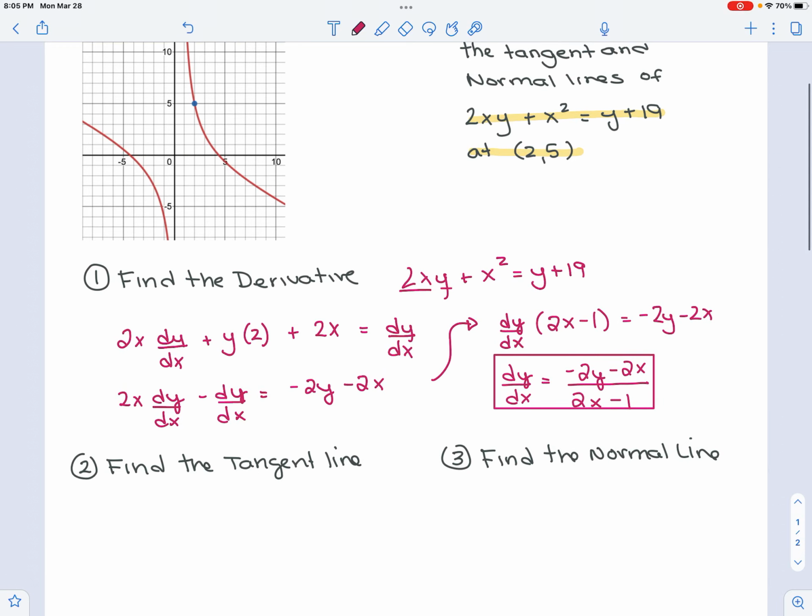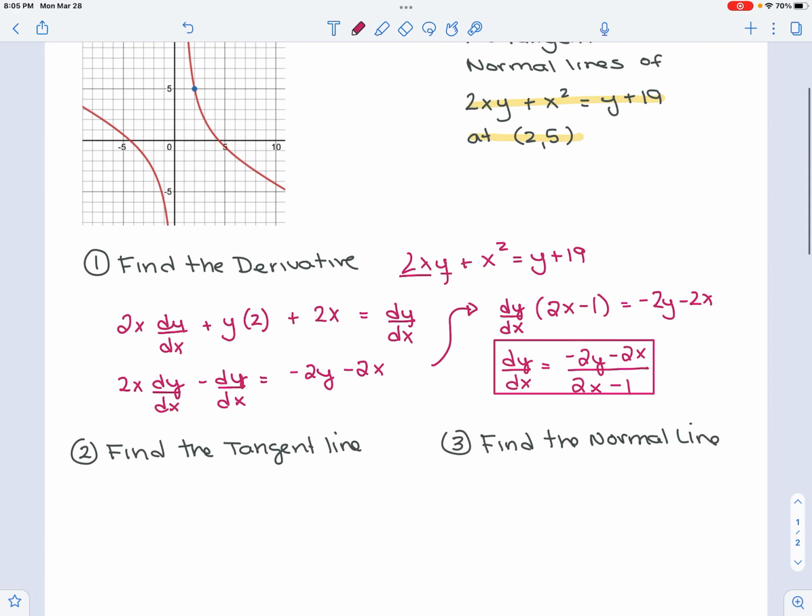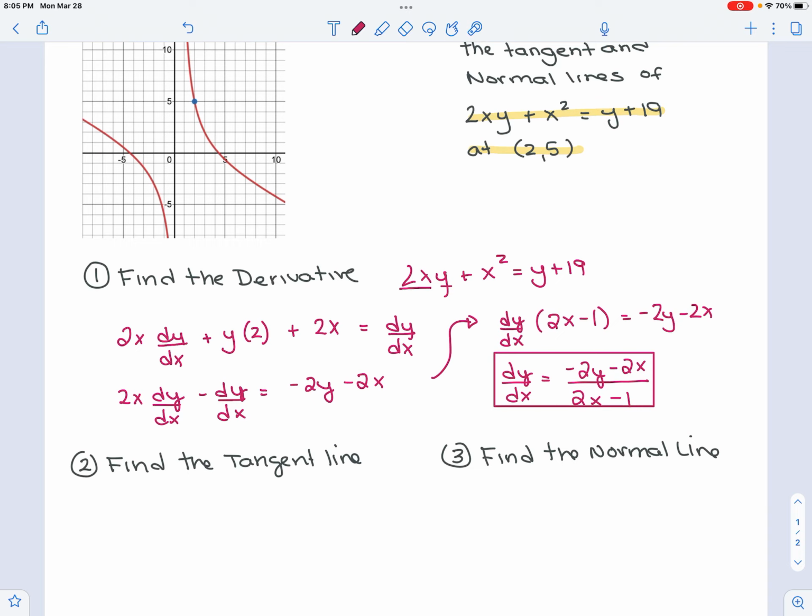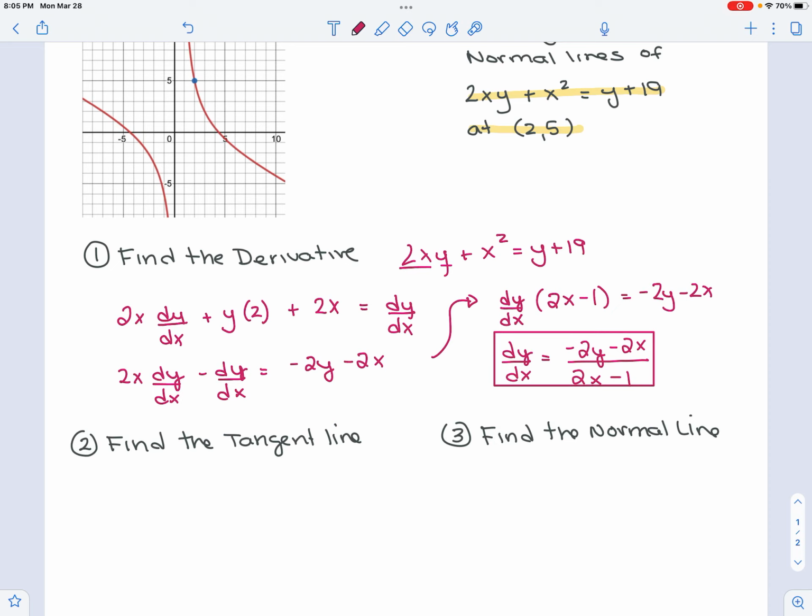Okay, so to find the equation of the tangent line, we're going to need the slope of the tangent, which is the derivative evaluated at the point of tangency. So what we're going to do is take dy/dx and evaluate it at x equals 2 and y equals 5. You can use this notation to do that.